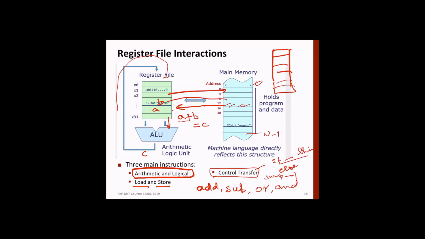Like if some condition is true, then. So when this instruction is executed, we may change the next instruction to be executed. It's not the sequentially next statement, but somewhere else in the program. So the control of the program is changing here based on a certain data value. Got it?